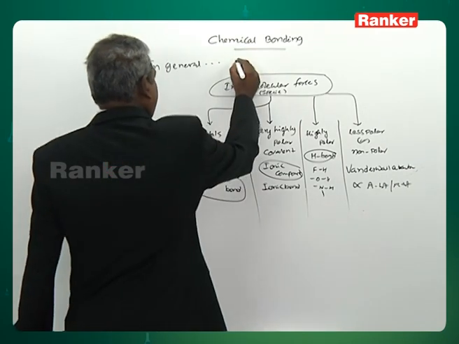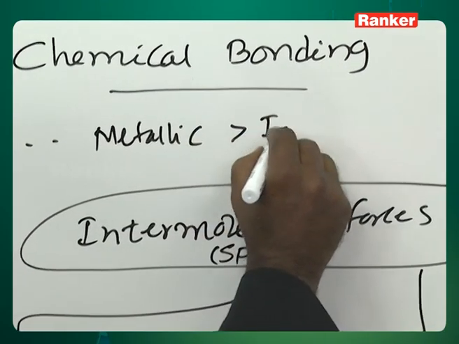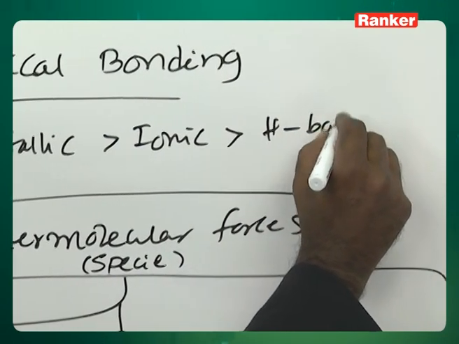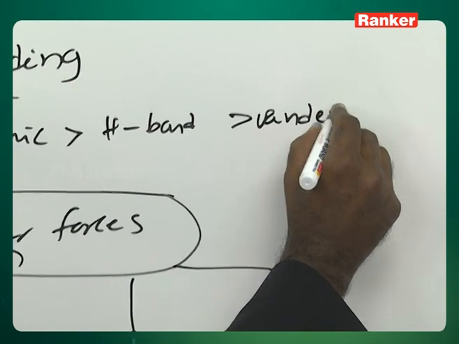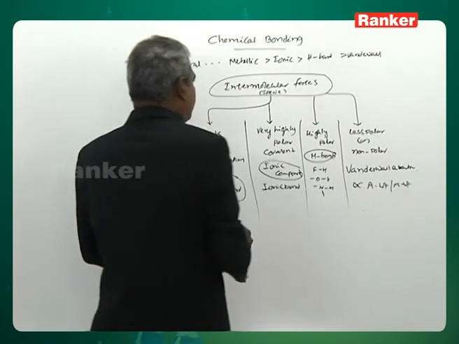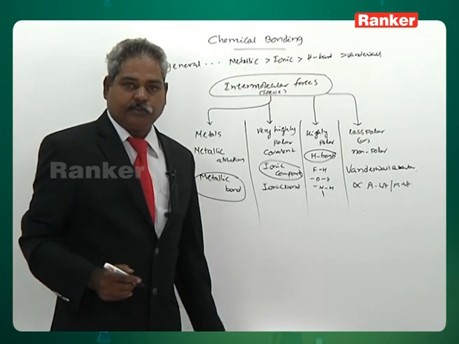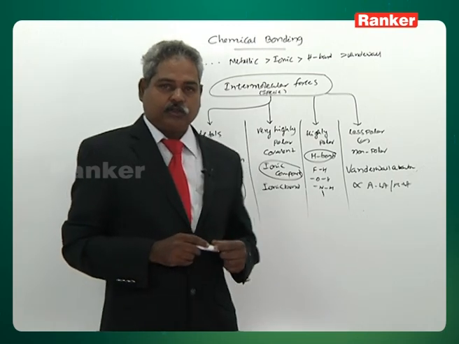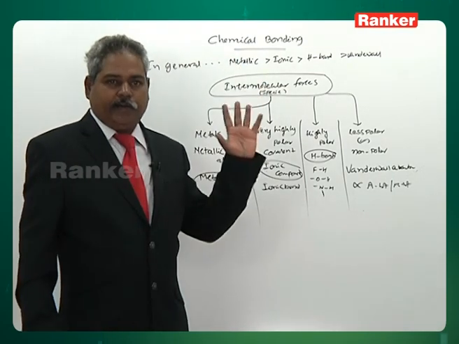In general, metallic bonds are stronger than ionic, stronger than hydrogen bond, stronger than van der Waals. I am not saying there cannot be ionic bonds which are stronger than metallic bonds. In some ionic compounds, the attractions are so strong that they are stronger than metals. So this is not permanent, it is only broadly true.